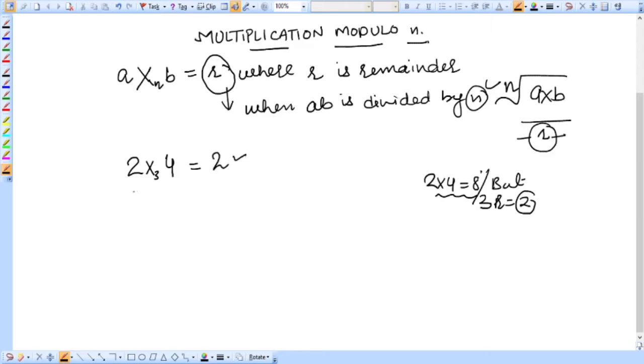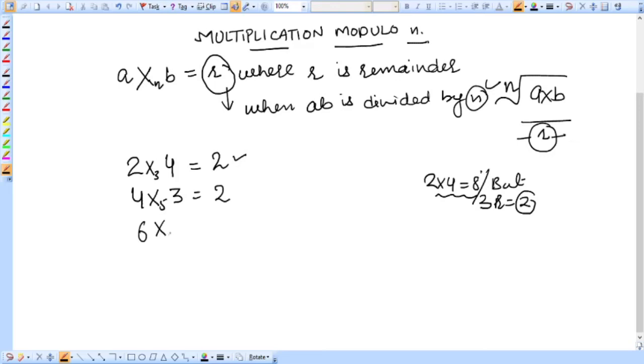Next, take another example: 4 multiplication modulo 5, 3. It is equal to 2. Why? Because when 4 and 3 are multiplied, we get 12, and when 12 is divided by 5, we get 2 as the remainder.